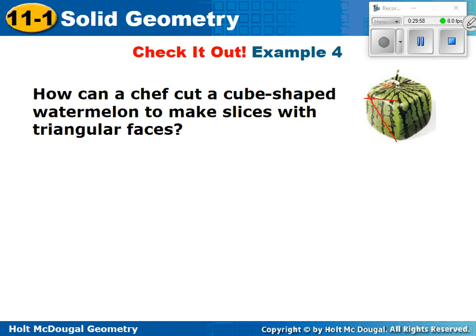So diagonally is not a good enough description because that's a rectangle. How do I cut it to get a triangle? Say it again. Diagonal to the vertex. How would that help me know where to start? Be more specific.